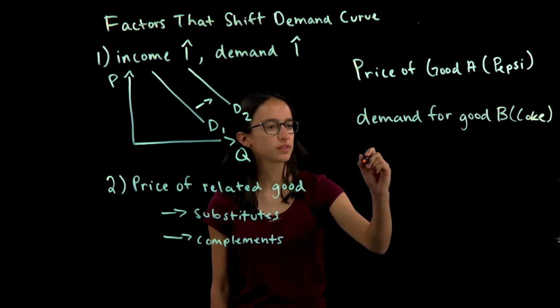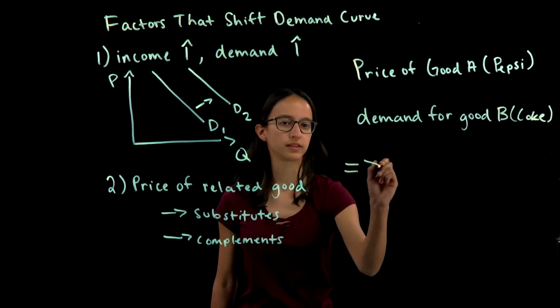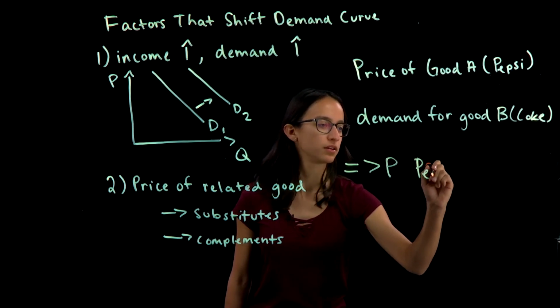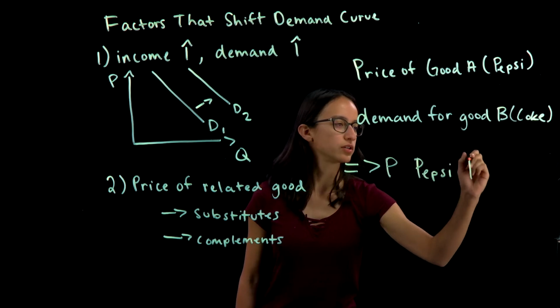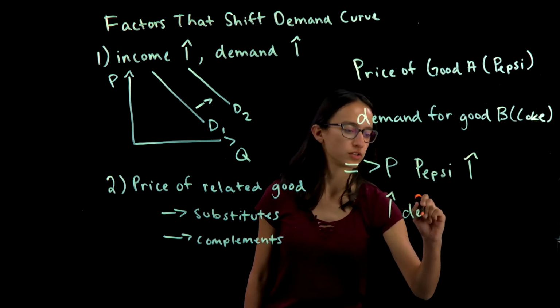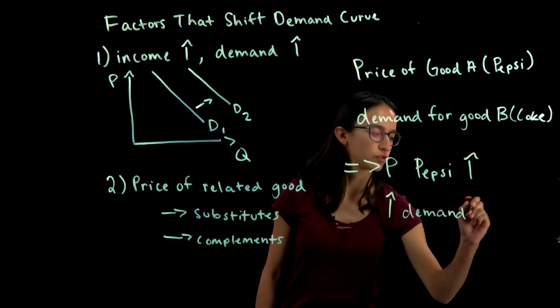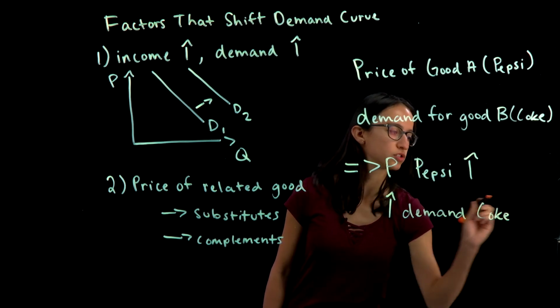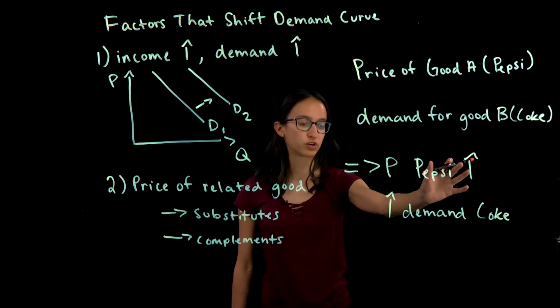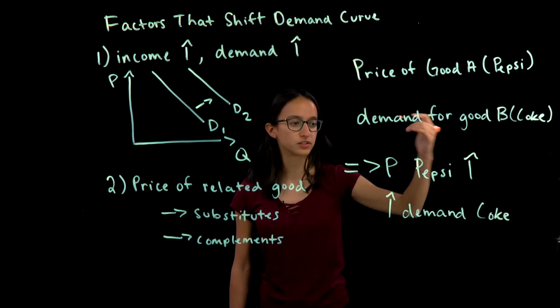So if the price of good A, the price of Pepsi, increases, that would also increase our demand for Coke because they are substitute goods. So you see them as one-to-one. If Pepsi gets more expensive, you're going to want to demand Coke, right?